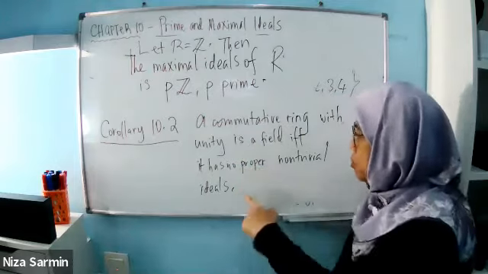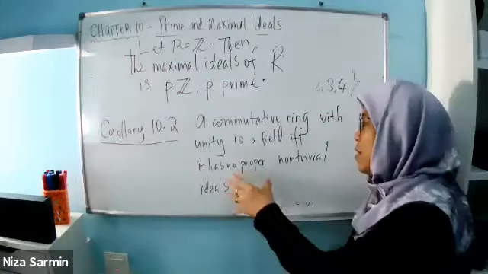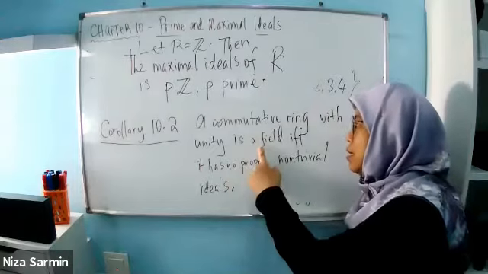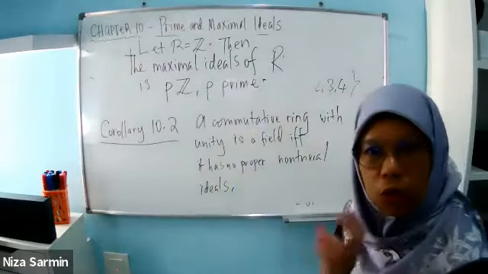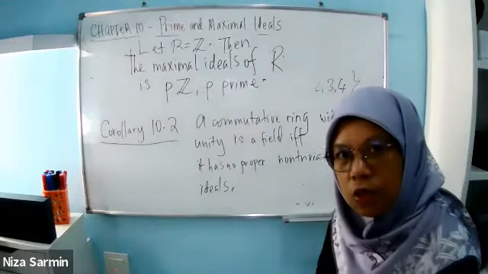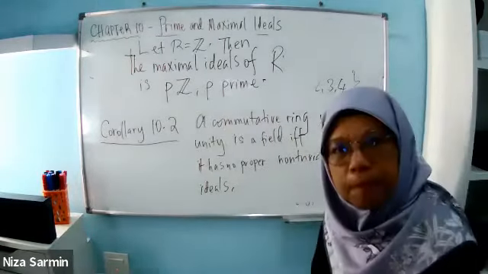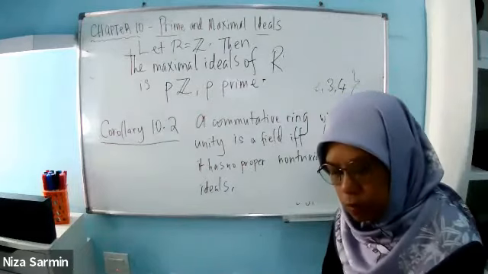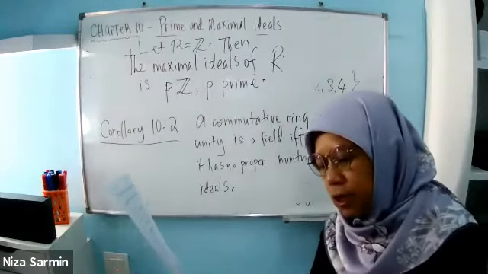If you have no proper non-trivial ideals, or the other way around. If you already found this, and it's a commutative ring with unity, then you can show it is a field. So it's both ways. Whether you want to show from here to there or from there to here. That is an example that I give you there.